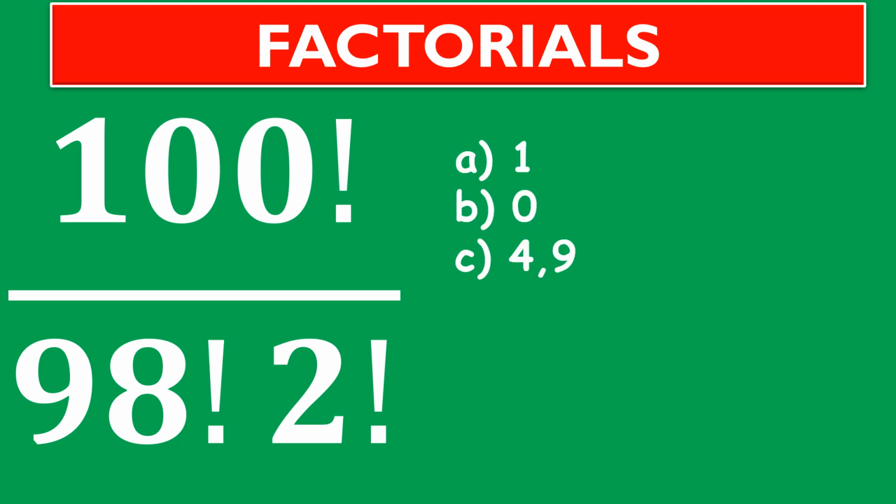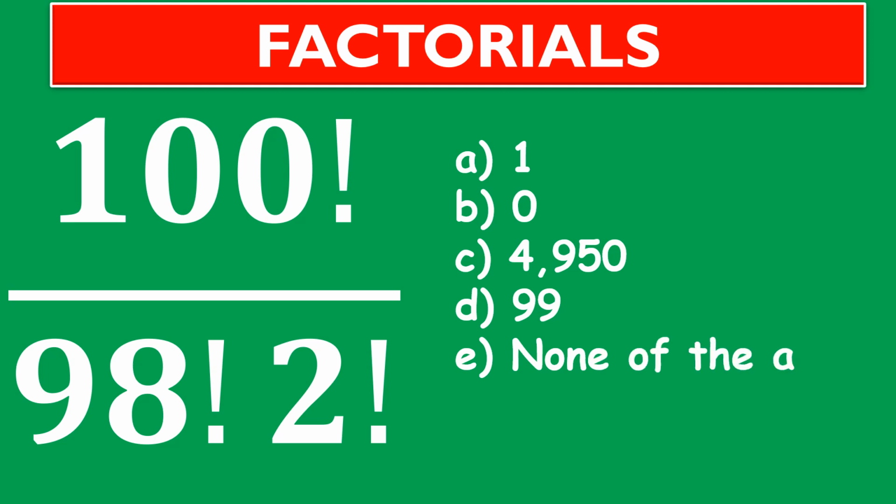And our likely answer is either A is equals to 1, B is equals to 0, C is equals to 4,950, D is equals to 99, and E, none of the above. At the end of this video, we will be able to pick out the correct one out of these alternatives.